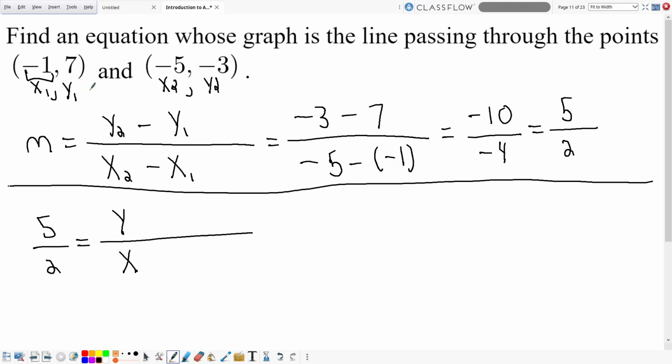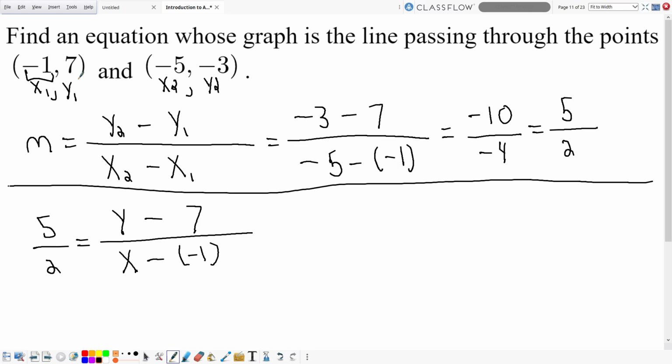And I'm going to plug those values back into the slope formula. So we have y minus, I'm going to pick 7 because it's the y value of this coordinate. And then x minus the x value in that coordinate, so that's -1. The whole reason I'm doing that is because I already know that this slope of 5 over 2 passes through these 2 points we want.